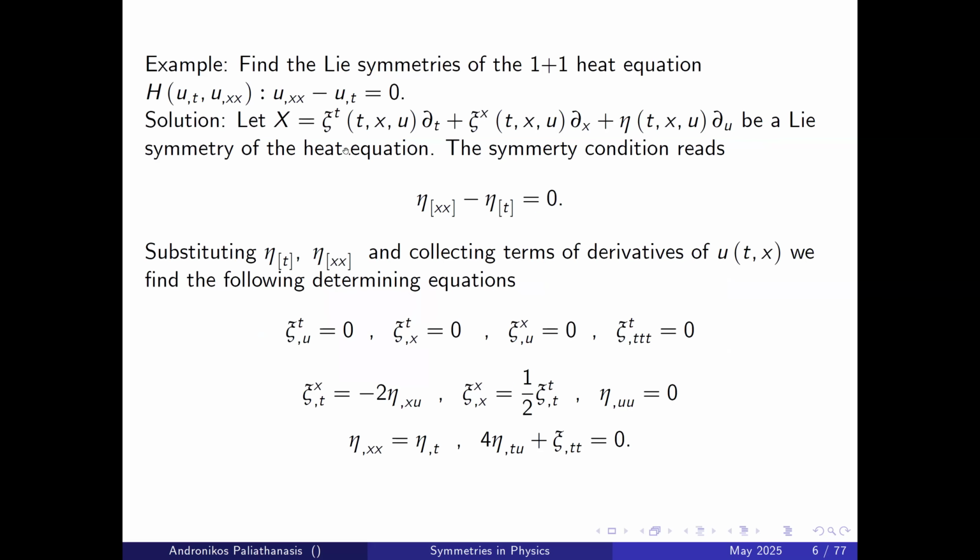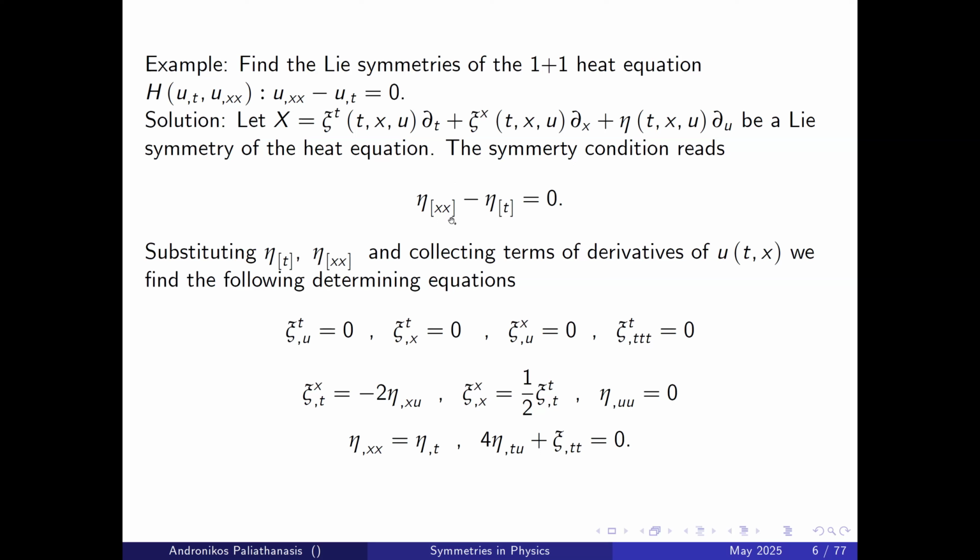Now, for example, we can use these definitions to find the Lie symmetries of the 1+1 heat equation given by this formula, and let X be the generator of the infinitesimal transformation, this one. Then we shall call this a Lie symmetry if and only if the application of X on the differential equation reduces to that equation which we have here.